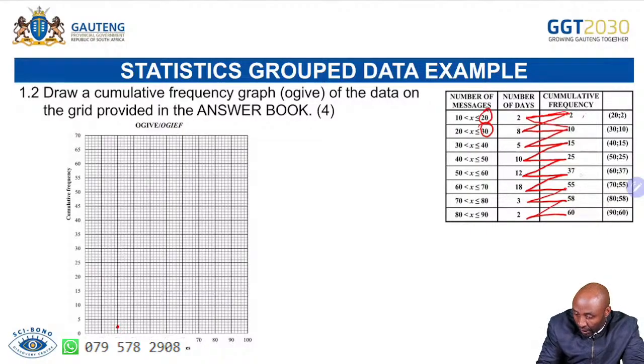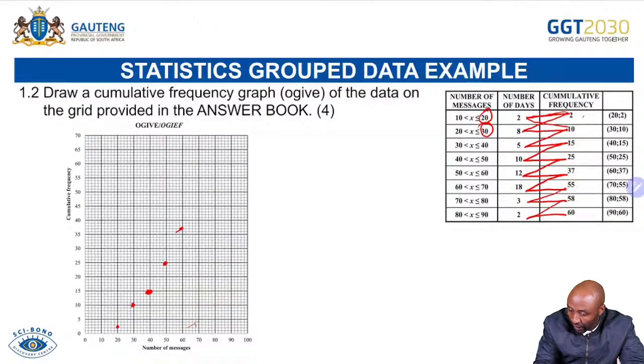I will also have 30 and 10, 40 and 15, 50 and 25, and 60 and 37. 35, 36, 37, it is there.